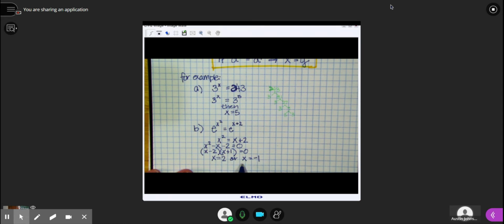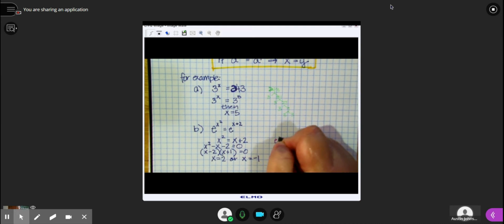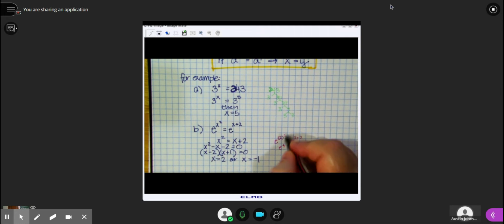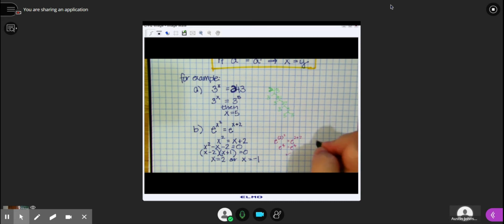You may want to check those, which can go pretty quick. So this would be e to the 2 squared is the same as e to the 2 plus 2, or e to the 4th equals e to the 4th. That one checks. And you can do e to the negative 1 squared is equal to e to the negative 1 plus 2, or e to the 1st has to equal e to the 1st.